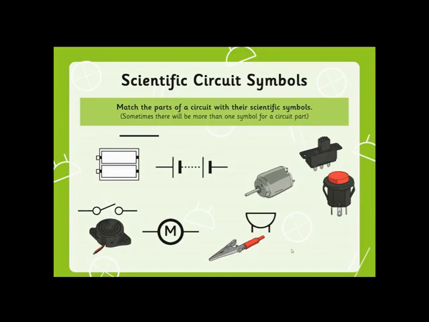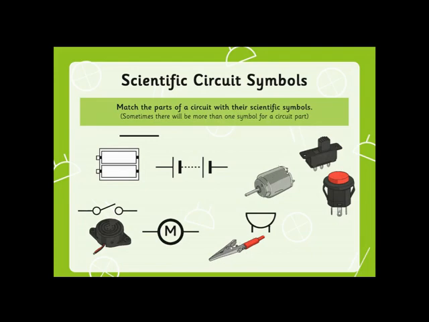Here we've got some more, so you're going to match the parts of a circuit with their scientific symbols. Now I wonder if you can remember what each of these circuit parts are called. If not, I'll just go over with you. So this is a buzzer, okay? This is a motor.